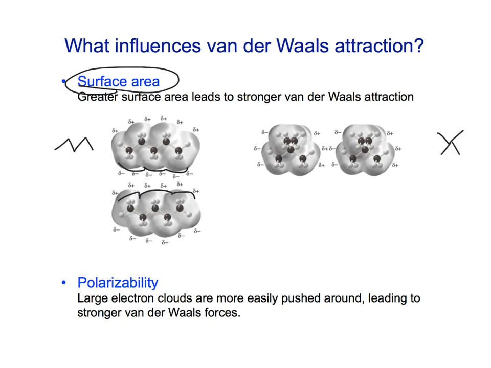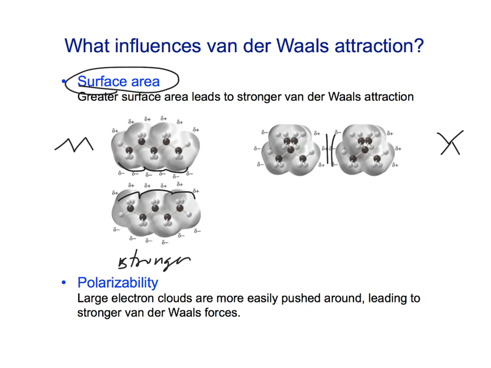It's an isomer. It has the same molecular formula, but this one is much more like a ball, and so there's very little surface area contact, and so they're much weaker van der Waals interactions. So these are stronger over here because there's more surface area.